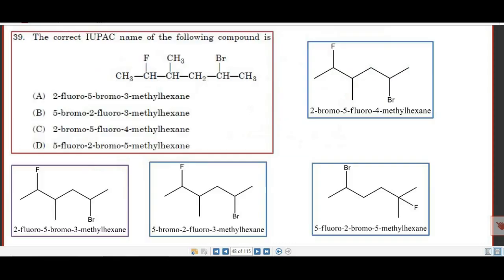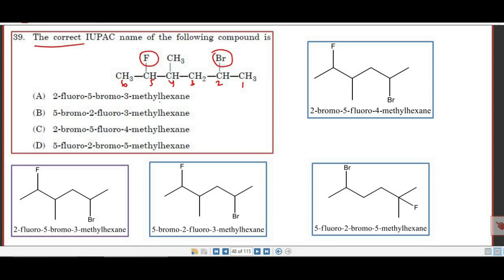Option C is correct. The correct IUPAC name of the following compound is... Here the compound is given. You have to number according to the alphabetical order, and here bromine, fluorine. You have to number from this side: 1, 2, 3, 4, 5, 6.